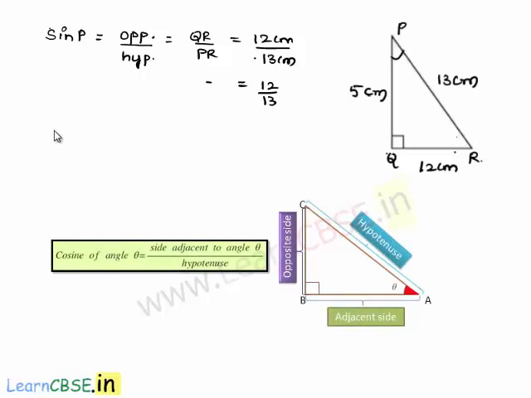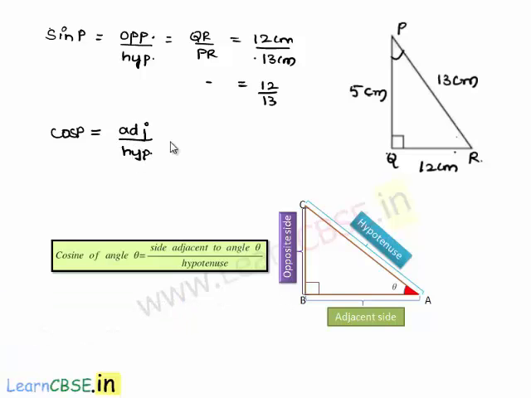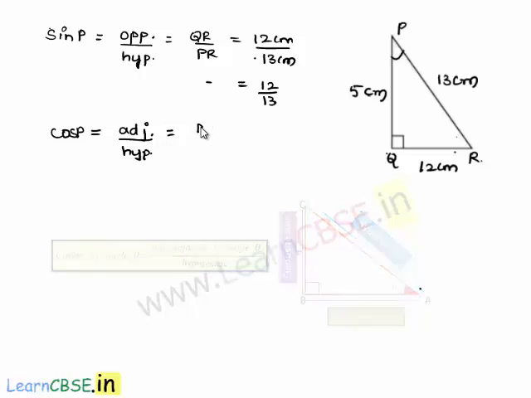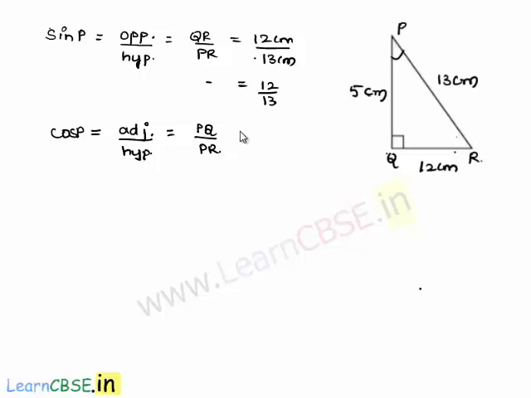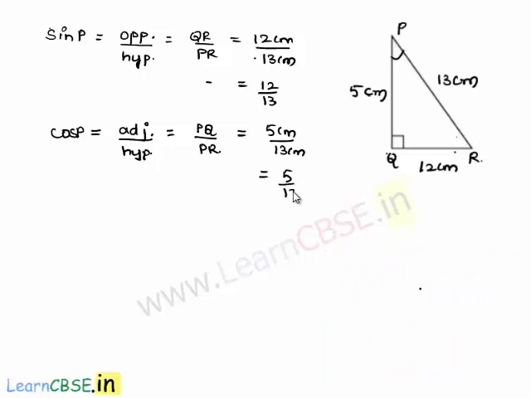And cos P is equal to adjacent side by hypotenuse. Here, the adjacent side for angle P is PQ and the hypotenuse is PR, which will be equal to PQ is 5 centimeters by PR is 13 centimeters. So finally cos P will be equal to 5 by 13.